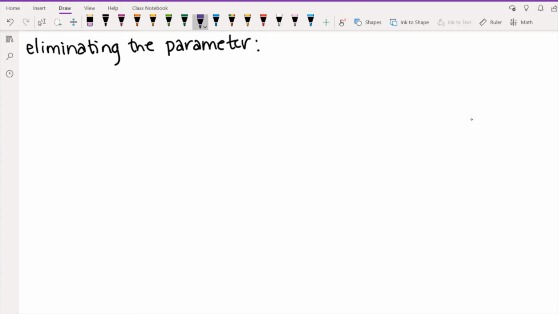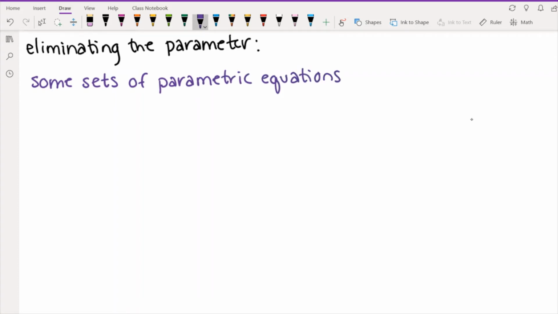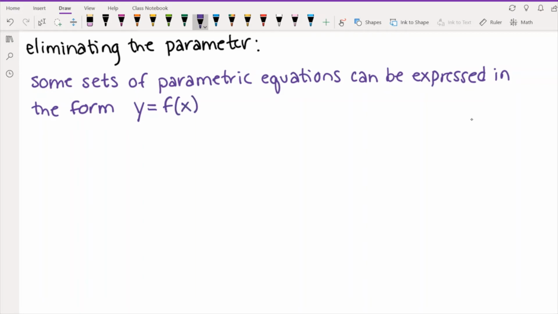So the idea behind eliminating the parameter is that some sets of parametric equations can be re-expressed a different way. And so for some of them, you can find a way to re-express them in the form y is equal to f of x, or x is equal to f of y.